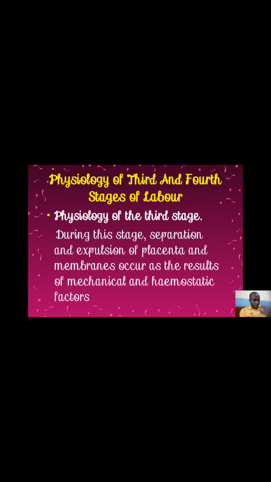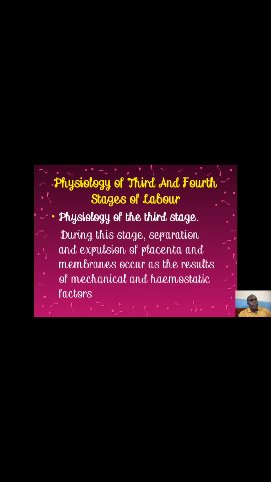Kumbe kuseparate kunasaidiwa na vitu vinavyoitwa mechanical na hemostatic. In short, mechanical ni contractions ambazo zinaanzishwa na uterine contraction, ndio inasaidia separation and expulsion of placenta. Hemostatic tutaona formation of retroplacental clot.